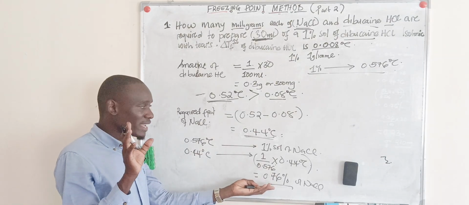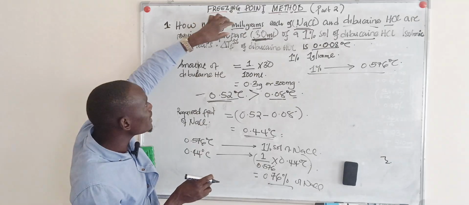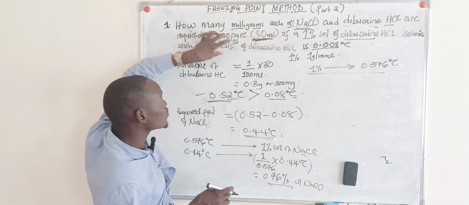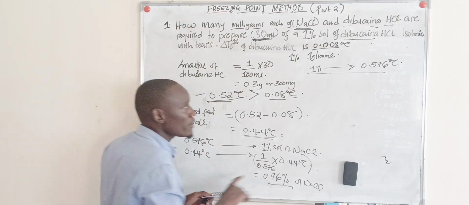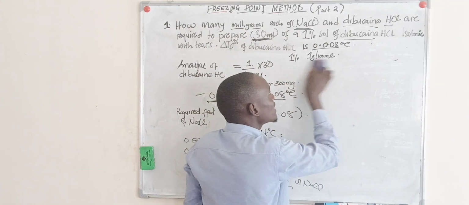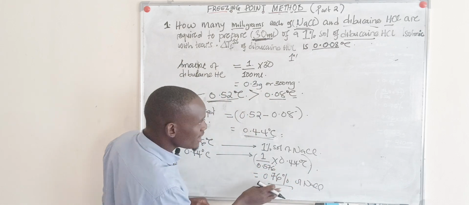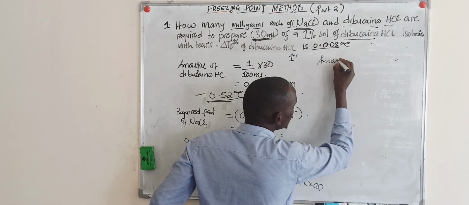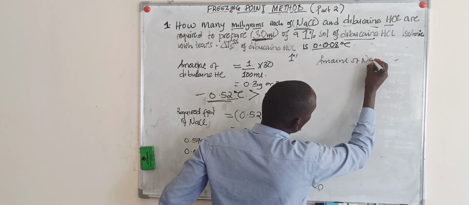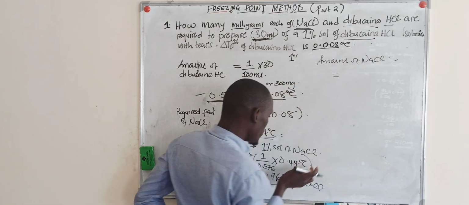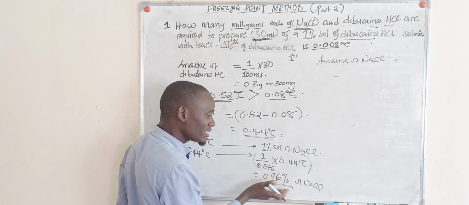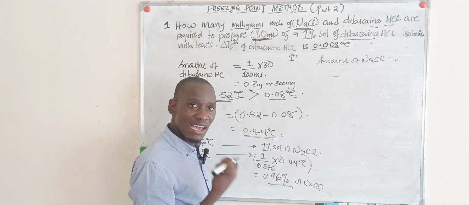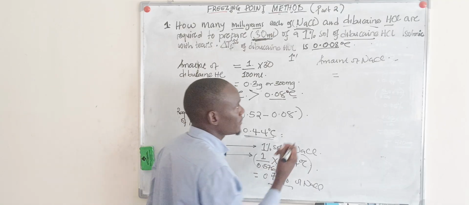But our question is very clear. They want us to calculate how many milligrams each of sodium chloride and dibutyl chloride are required to make this solution isotonic. And we are preparing a certain volume of that solution. So after obtaining this, we are going to get the amount of sodium chloride. But remember, this percentage simply means that we have 0.76 grams of sodium chloride in 100 ml of the solution or water.